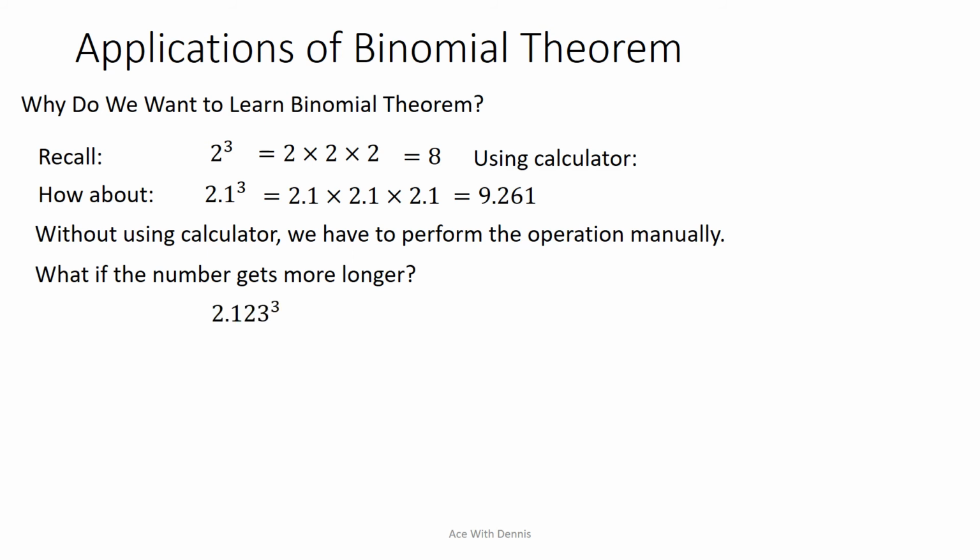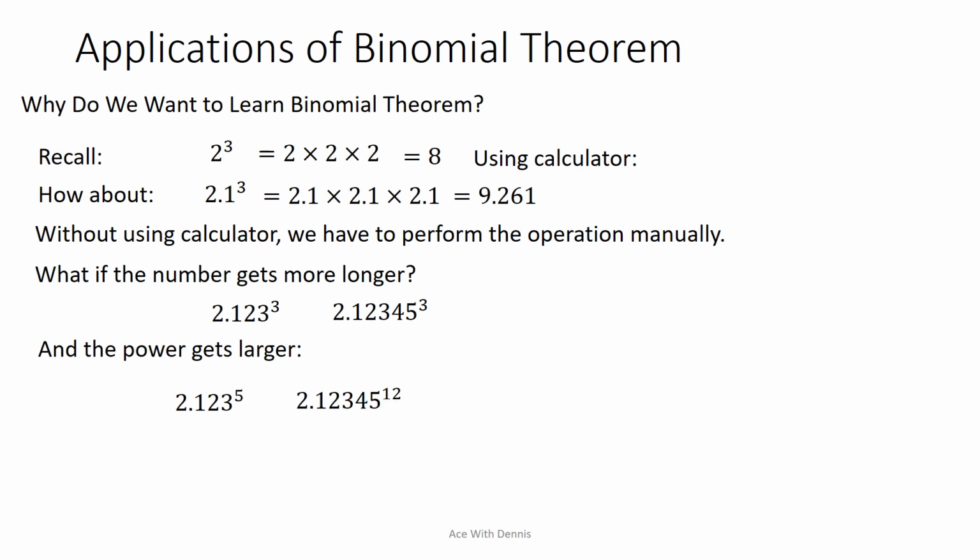So what if the number gets longer? For example, if I want to find 2.123 cubed, or 2.12345 cubed. And how about when the power gets larger? For example, 2.123 to the power 5, 2.12345 to the power 12, 2.12345 to the power 20.